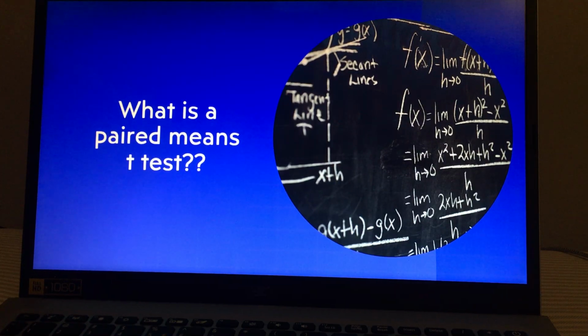We don't want to do the independent samples t-test because that assumes that there is no relationship between the samples.